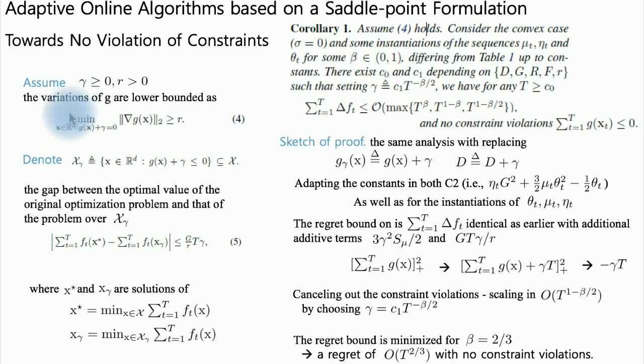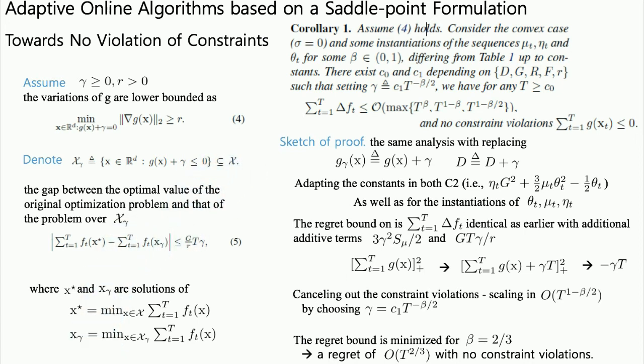So we assume there exist a positive gamma value and a positive R value such that the variation of g is lower bounded, as the L2 norm of the gradient of g of x is greater than R. Let's denote x gamma as the set of x in d-dimensional space where g of x plus gamma is less than or equal to 0, and this x gamma is a subset of the set of x.